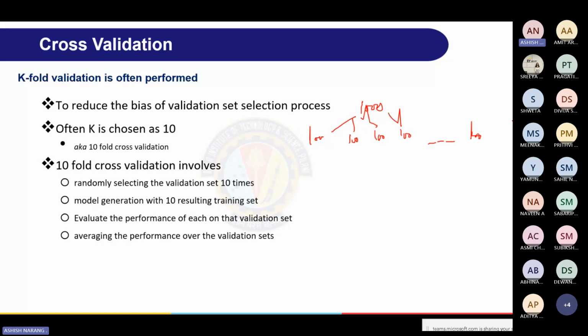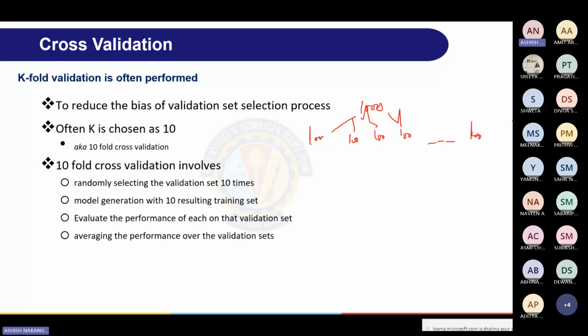The model is trained and evaluated, and the process is repeated 10 times in the case of 10-fold cross validation, when K is 10. The performance of all the 10 runs, I'm going to take an average of that. That is my model performance. So the first time I picked, let's say, the first 900 records for training and the last 100 records for validation.